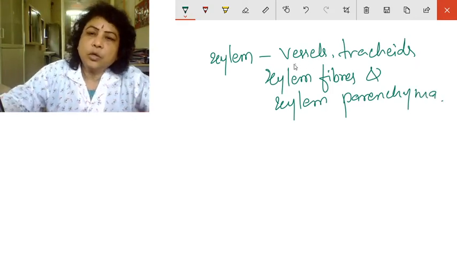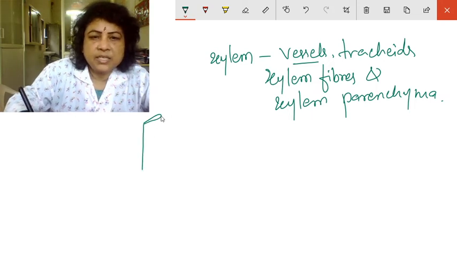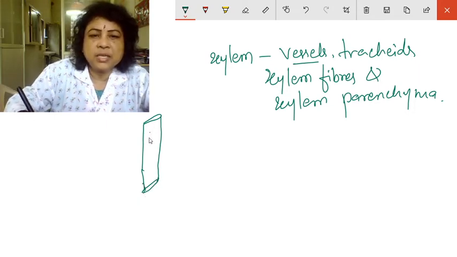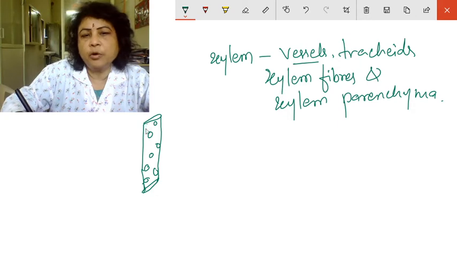If we study the structure of a vessel, these are cylindrical structures having perforated walls and pits over them. The pits may be bordered pitted, or simple.